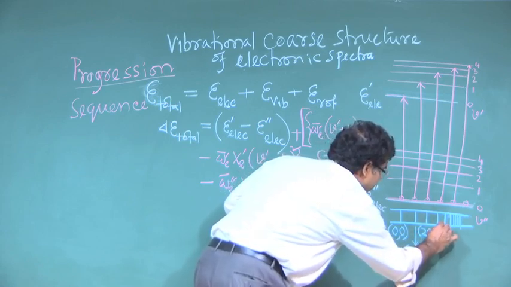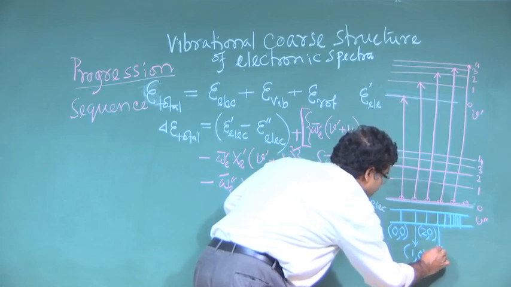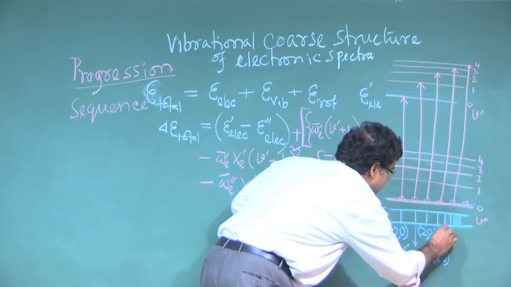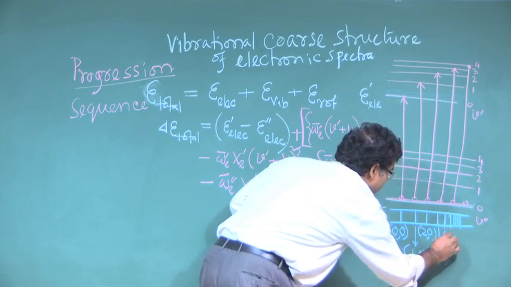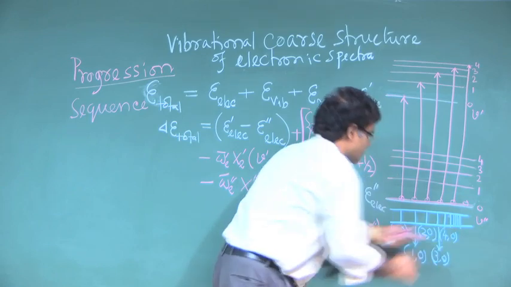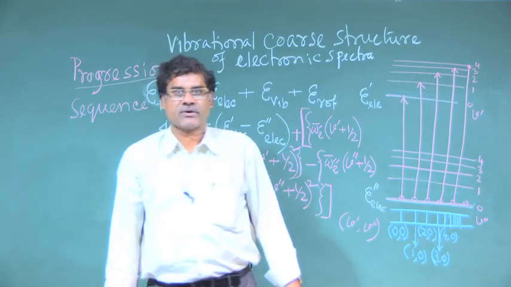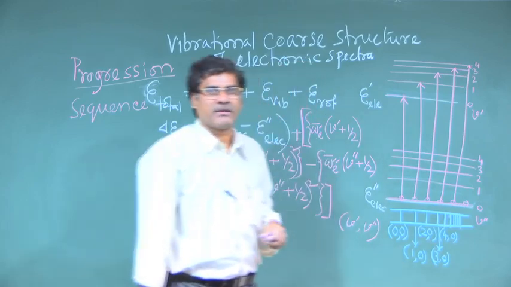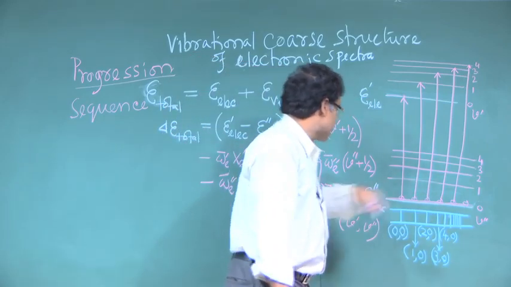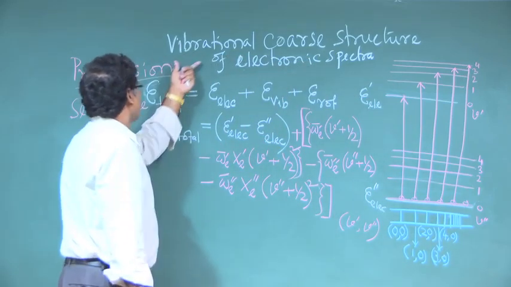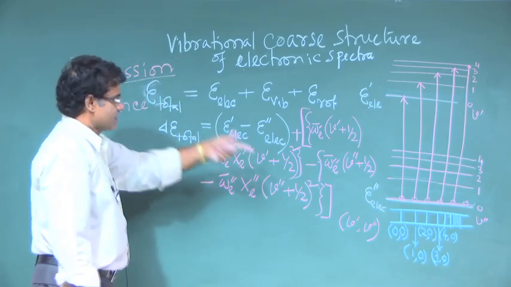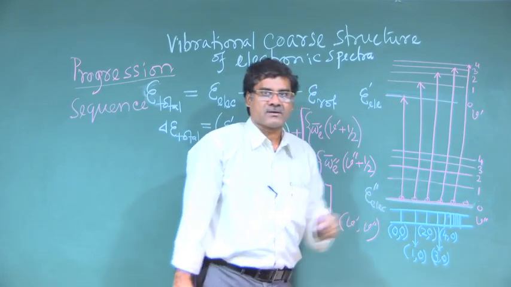This is 3 0. Then this is 4 0. So this way these spectral lines are labeled, and this is called progression. This type of vibrational coarse structure is called progression.